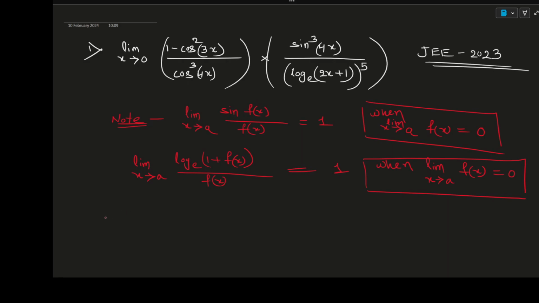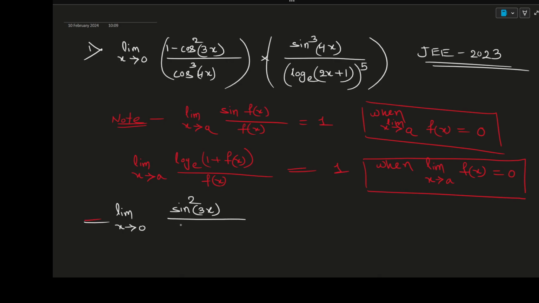So 1 minus cos square theta is equal to sin square theta. So I will replace this by sin square 3x.